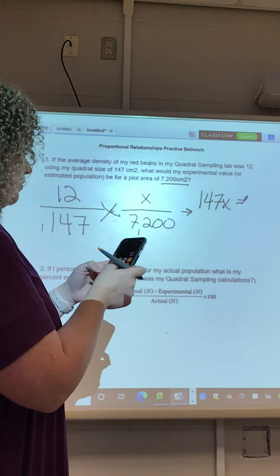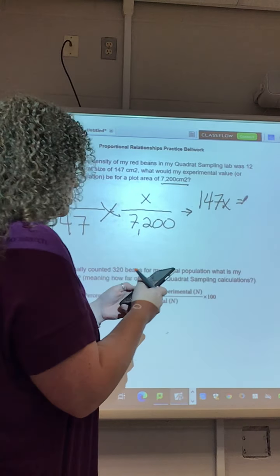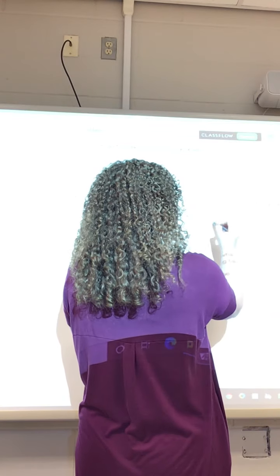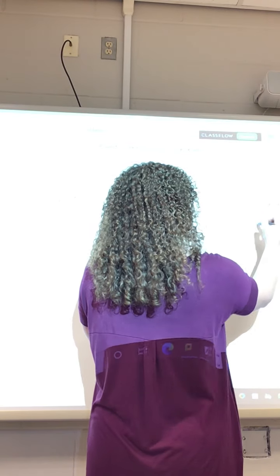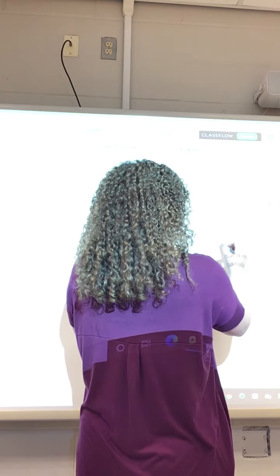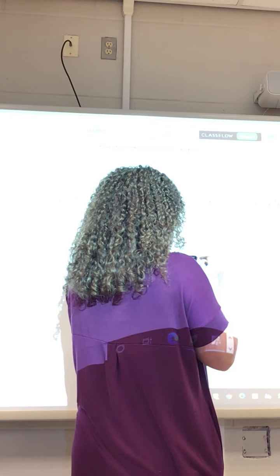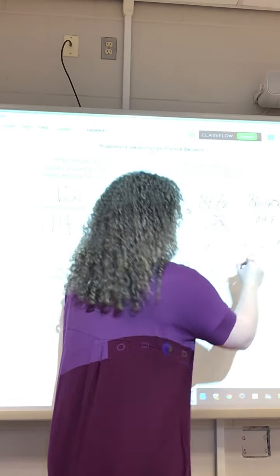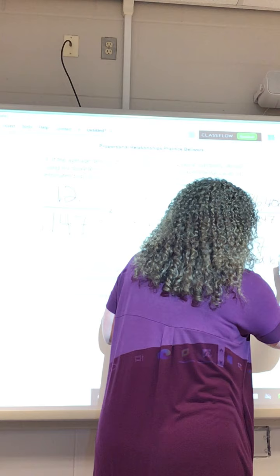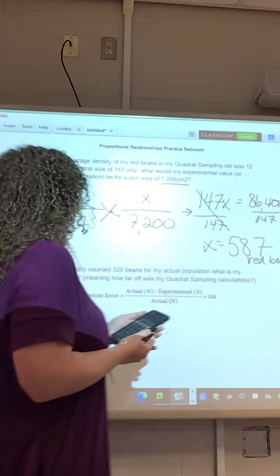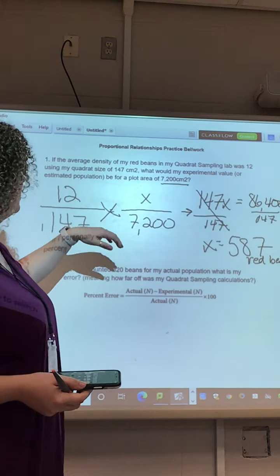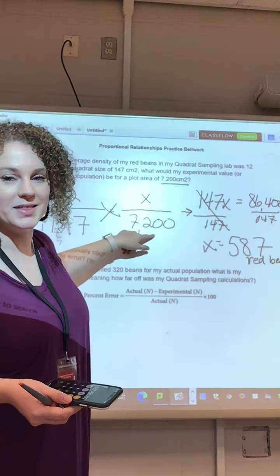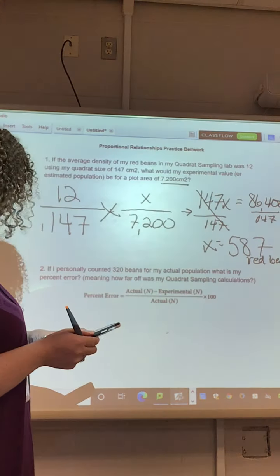So 12 times 7,200, so 86,400. Divide by 147, divide by 147, x equals 587 beans, red beans. So if I calculated that there was 12 in this area, then I can say that there are 587 in an area of 7,200. All right?